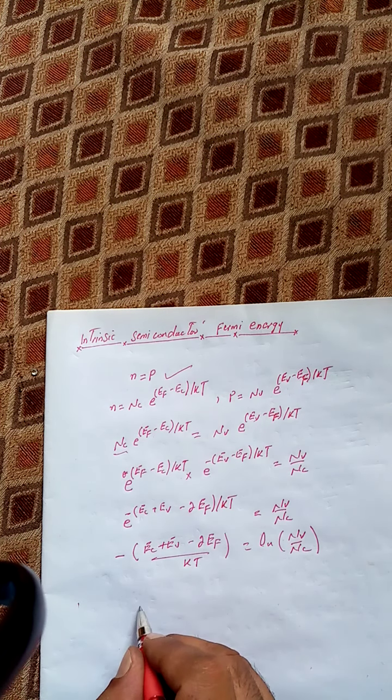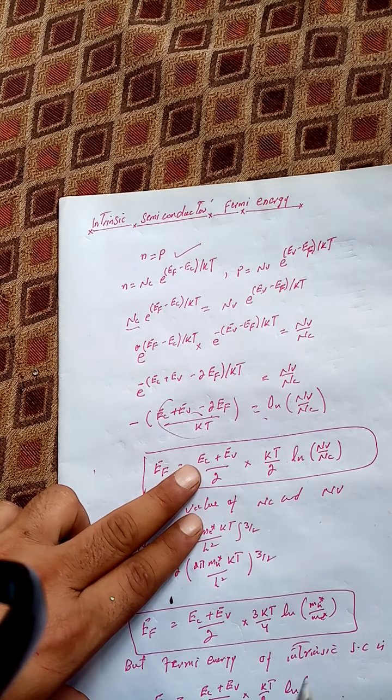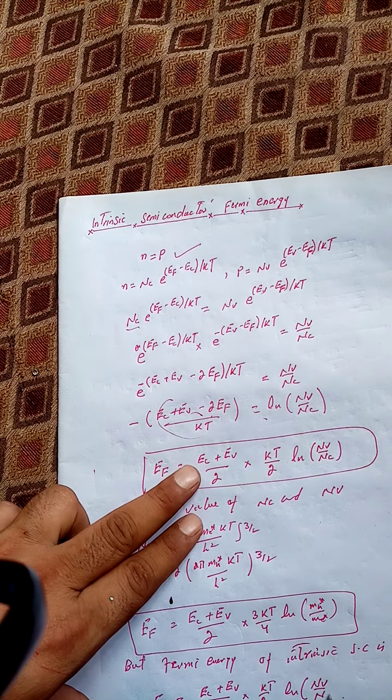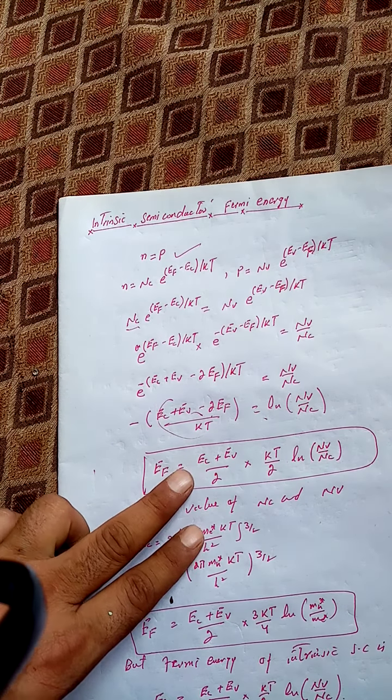So EI is equal to EC plus EV over 2 plus kT over 2 ln NV over NC. And the other relation is, replacing EF by EI, EI equal to EC plus EV over 2 plus 3kT over 4 ln mh star over me star.